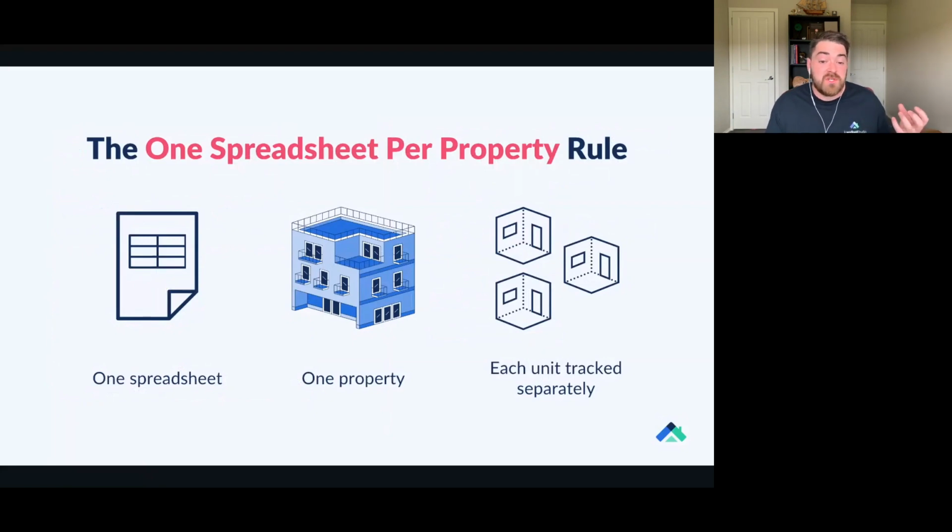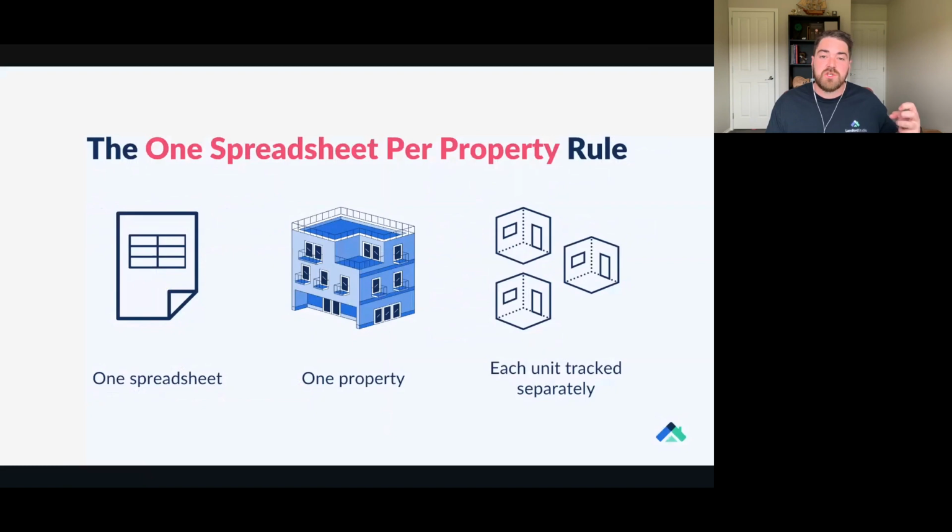So creating a spreadsheet per property will make it less likely that you'll wrongly assign income and expenses to the wrong property. It reduces the impact of any potential accounting errors, and will give you increased financial granularity across your portfolio.